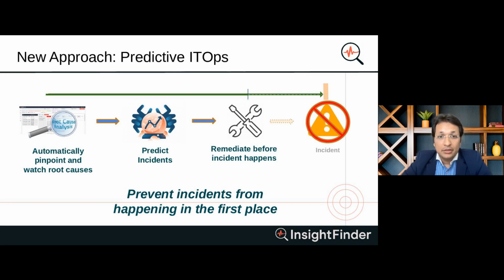A product or a tool that can detect root causes, use those root causes to predict an incident, and those predictions can be used by IT operations to remediate and prevent incidents. Yes, a tool that you can use to be truly proactive with your IT operations.